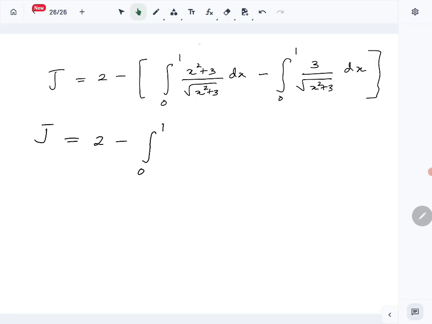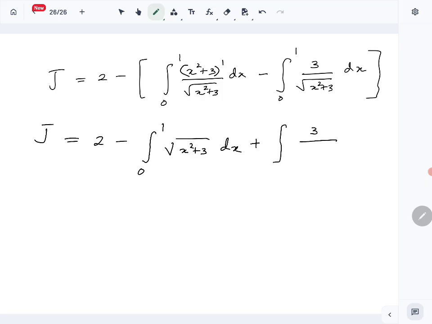You have x squared plus 3 to the power 1, and square root means what? Power half. So when you apply the exponent rules, this will simplify into what? Square root of x squared plus 3. Then we have that, and minus minus becomes plus.